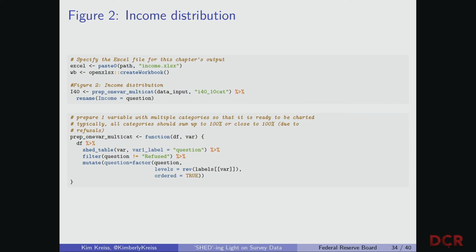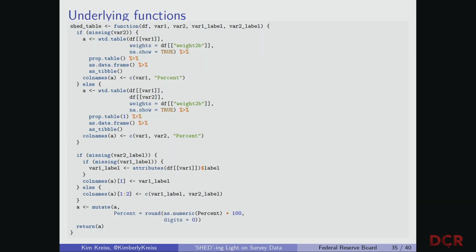And down here, we can see that it's just using this other function we wrote called shed table, which produces the kind of output we want for our report, and I'll show that on the next slide. And it just does some basic formatting of stuff to kind of make it look nice for what we want. So yeah, this is what it looks like. So we just wanted kind of one function that people can put some variable names into and just get like a basic tabulation out for what our format's going to look like.